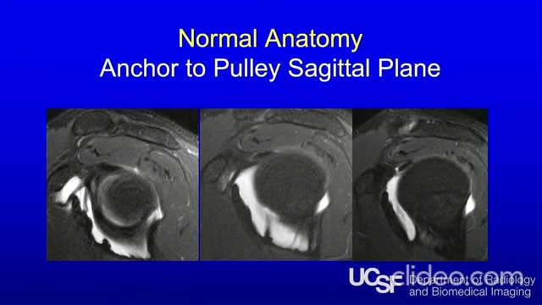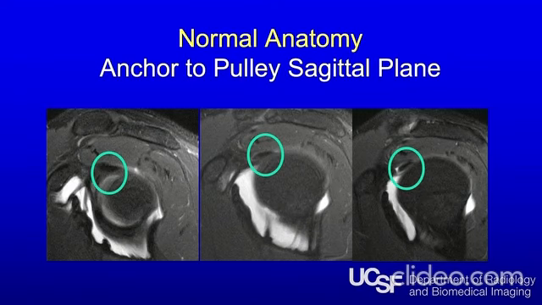And then as we follow it, I like the sagittal images. I start at the origin on the glenoid. Then we see it going through the intra-articular portion, and it looks beautiful in black there. And then it goes to the rotator interval. So remember that you might get some intermediate signal normally in there because there is some magic angle, but in this case, we don't have that here.